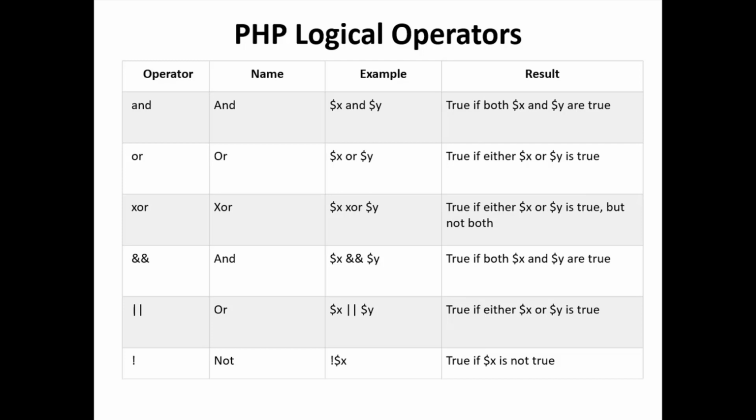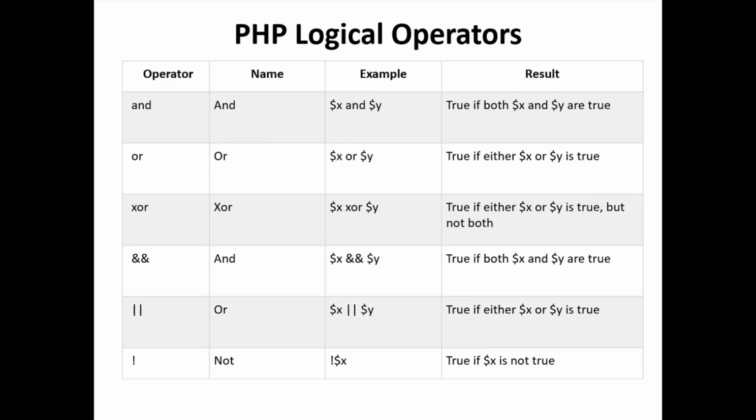OR means if either one is true, you will be getting the output, whether x is true or y is true. XOR gives you true if x or y is true, but not both. So it is completely the opposite. Whenever both are true, it will give you false, but it will give you true only if either x or y is true.